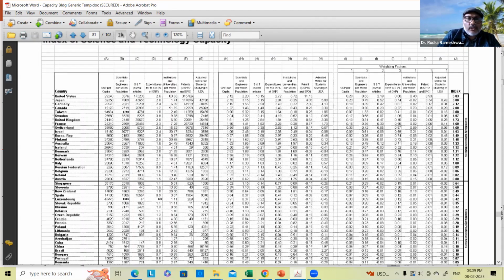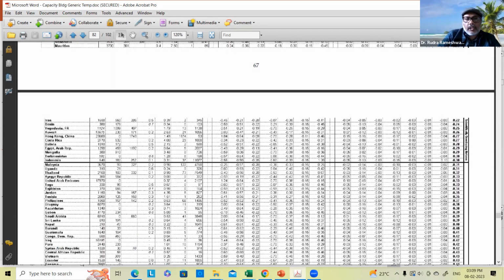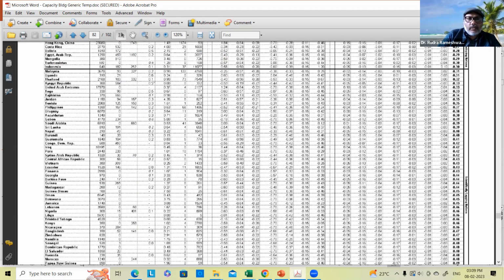So you can see US, Japan, Germany, Canada, Taiwan, Sweden, UK, France, Switzerland, Israel, Korea, Finland, Australia, Iceland, Denmark, Norway. They have collected the data on a 6-point scale like this. So I'm just showing you so that you can see every country here.